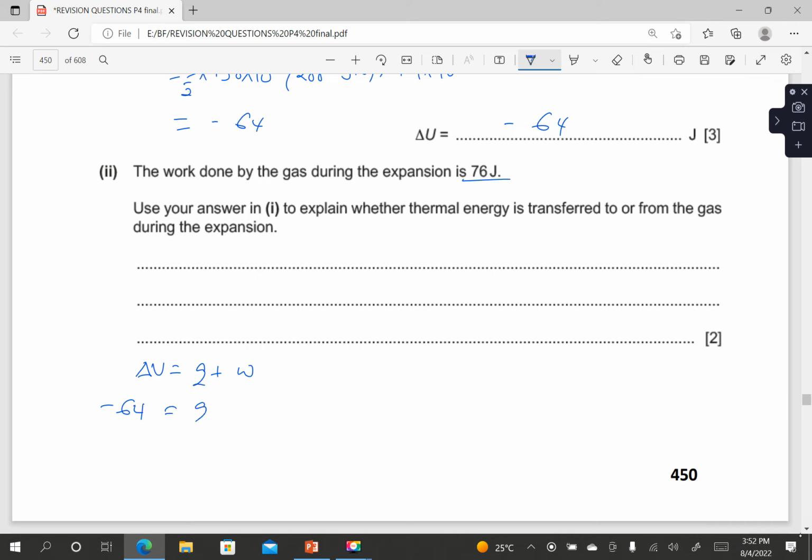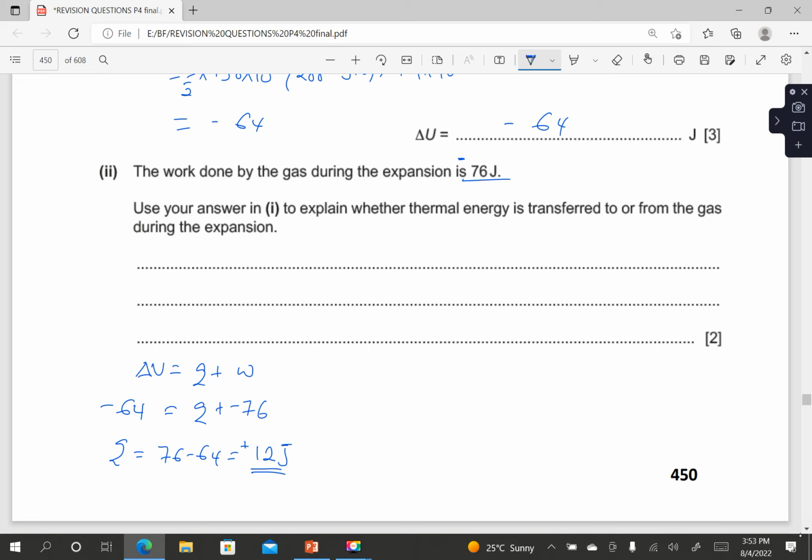And we want to find the Q supplied, but the work done is negative since the gas expanded. The work done by the gas during the expansion is 76, so this work is negative. So this will be negative 76, which gives us Q as 76 minus 64, which gives us 12 joules. You notice that this is positive. A positive value of thermal energy means it is transferred to the gas.